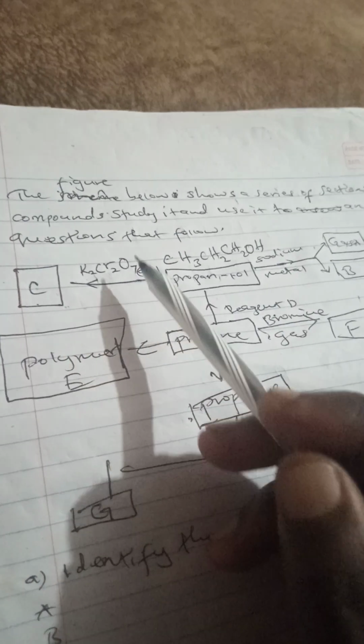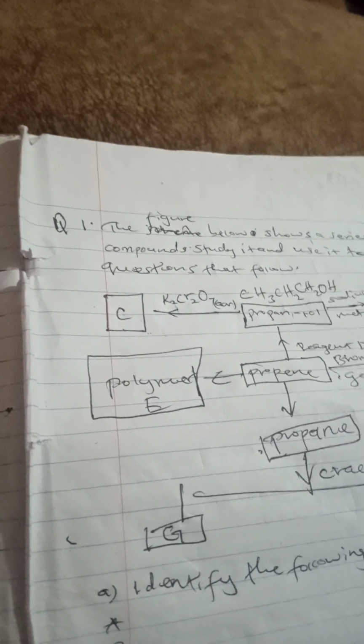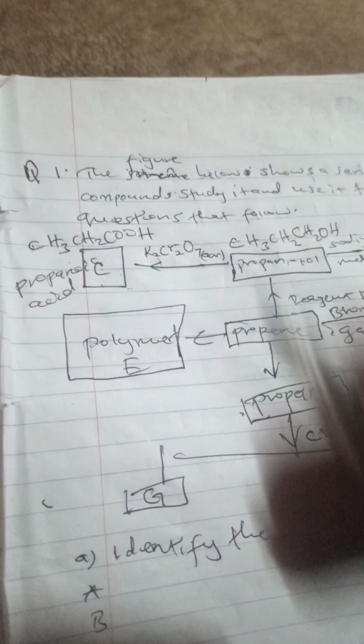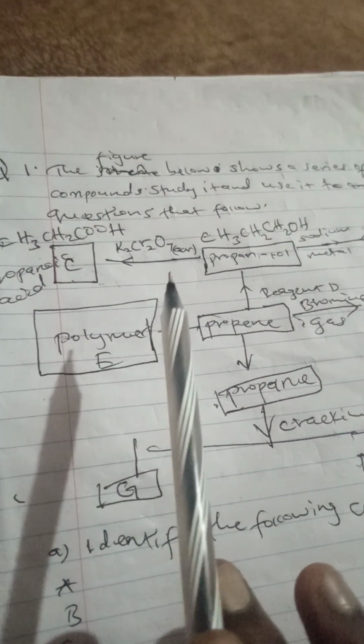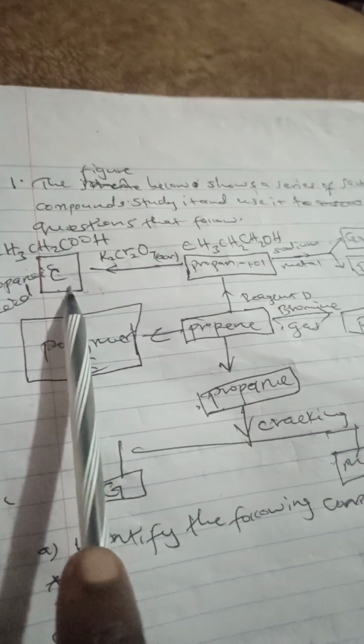Hence it will turn orange to form the acid known as propanoic acid, CH3CH2COOH. That propanoic acid is what we will obtain here in compound C.